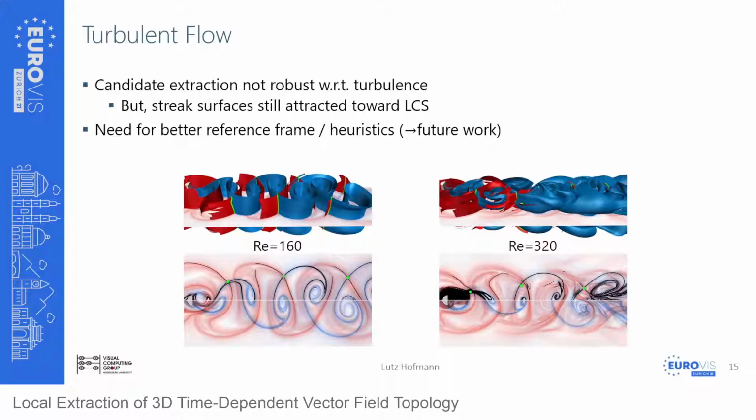However, the streak surfaces are still attracted toward LCS, which means that they are still somewhat aligned with the ridges in the FTLE fields. This example shows that for future work, there is a need for a better suited reference frame or other heuristics in order to obtain initial candidates for computing hyperbolic trajectories.